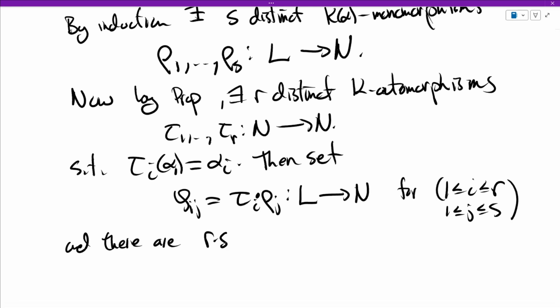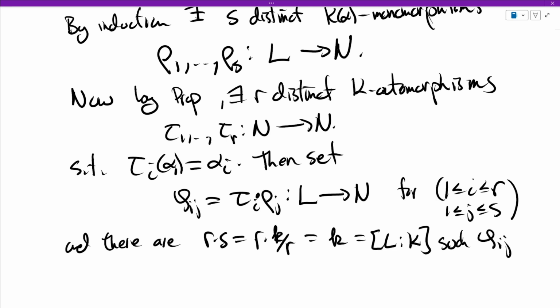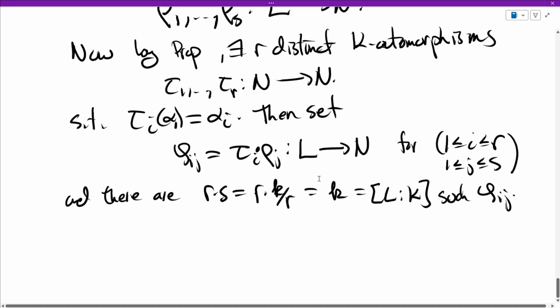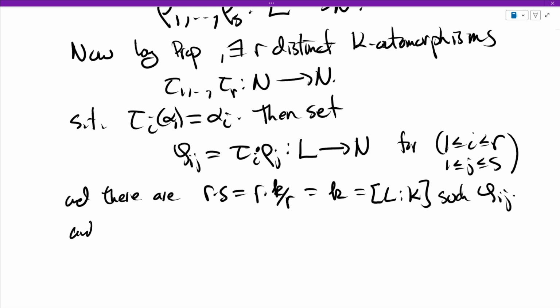There are R times S, and S was K over R. So there's R times K over R equals K, which was the degree of L over K, such phi ij. And they are all, sorry, they're all monomorphisms from L into N that fix K. So these are all K monomorphisms.